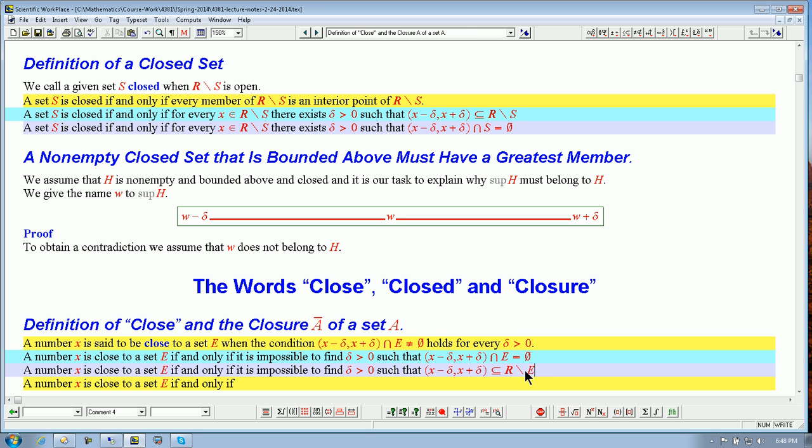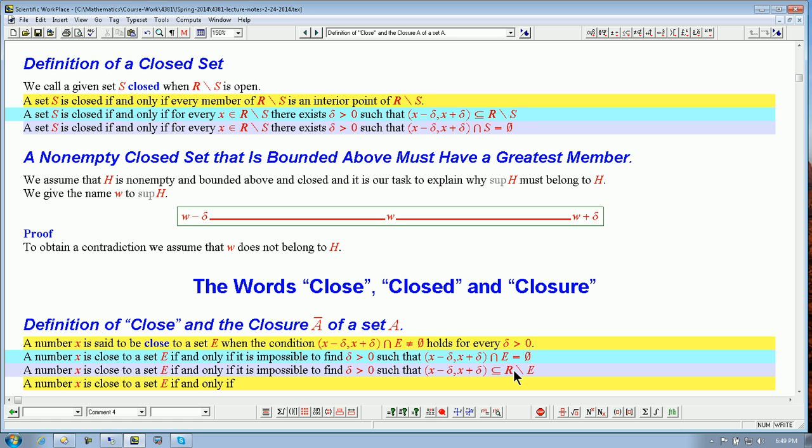I'm going to push you here. Yeah, tell me. If R set minus E is open? You're too strong. I know what you're thinking.